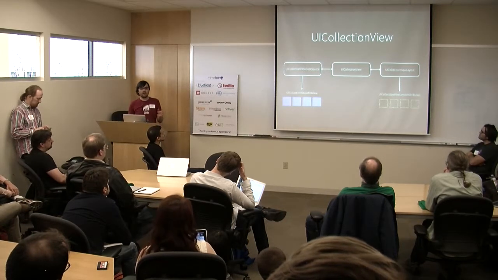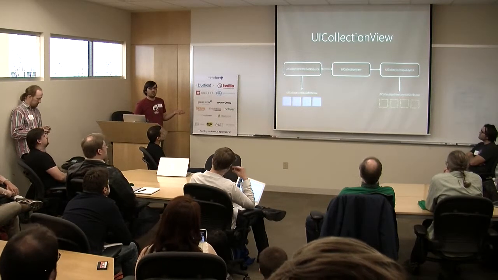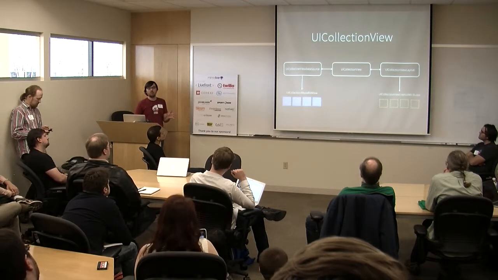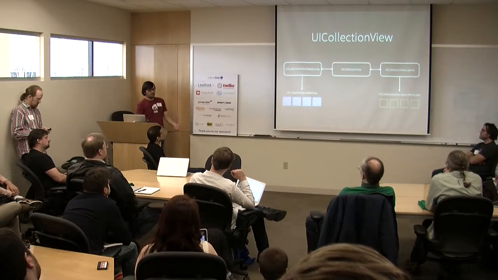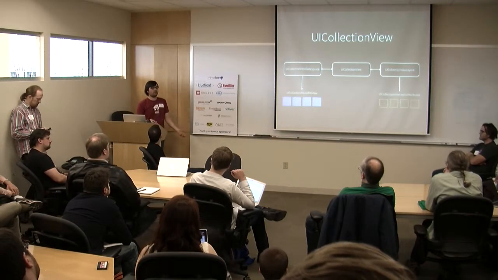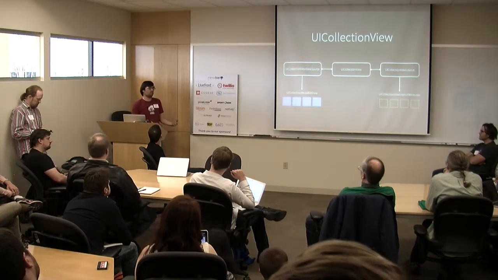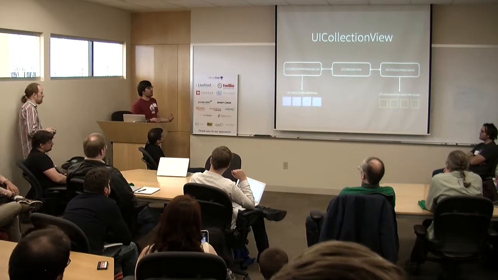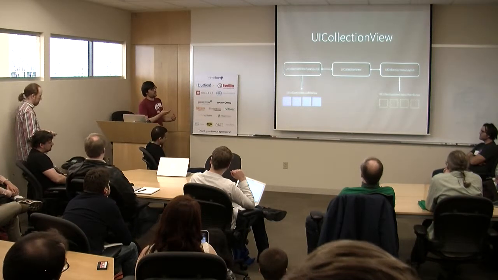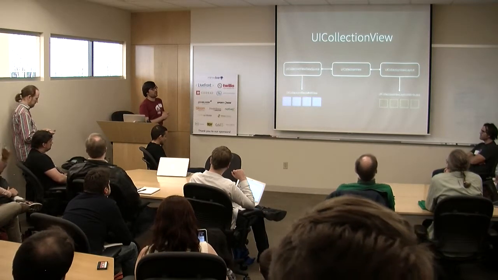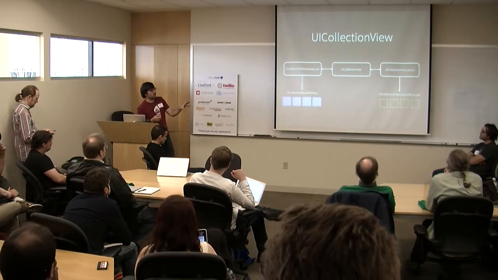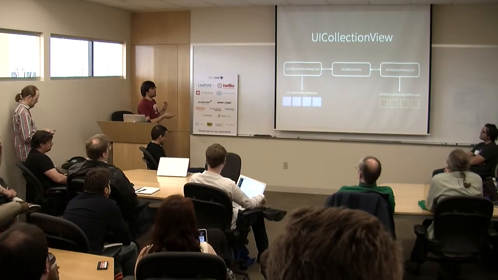The data source provides views to the collection view, very similar to a table view if you've never done collection views. It's just asking you, give me a view for this particular item of the data, and it's your responsibility to return that. The new piece, new for collection views in comparison to table views, is that there's this layout object, which is also attached to the collection view.